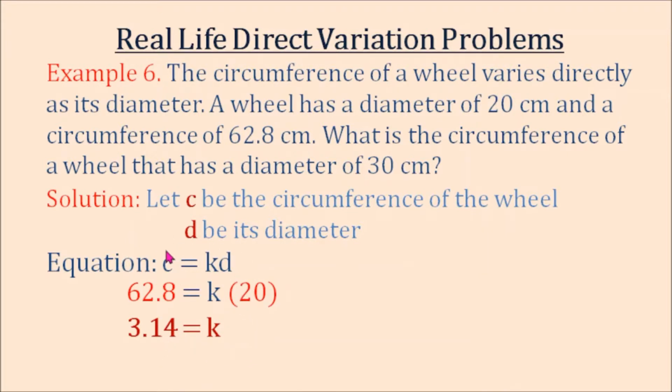Using our original equation, our K here is 3.14, and using 30 as our D, we are going to find C. So C equals 3.14 times 30, and C equals 94.2 cm.